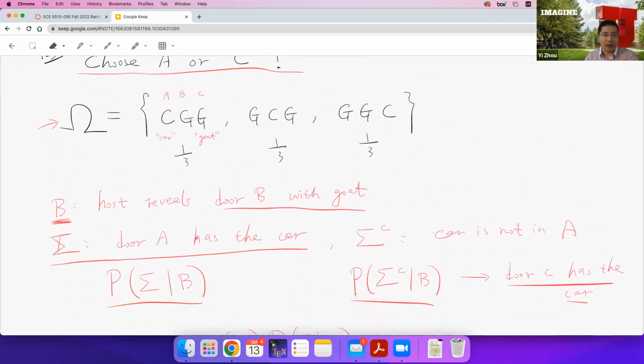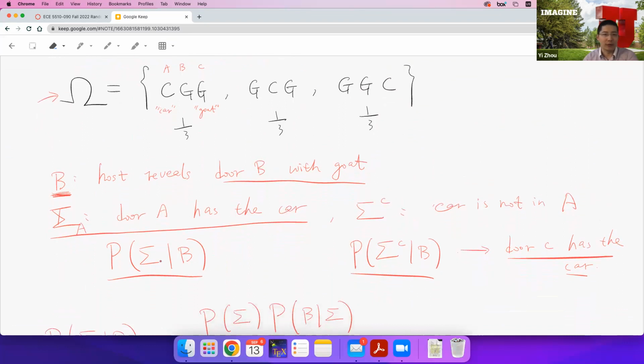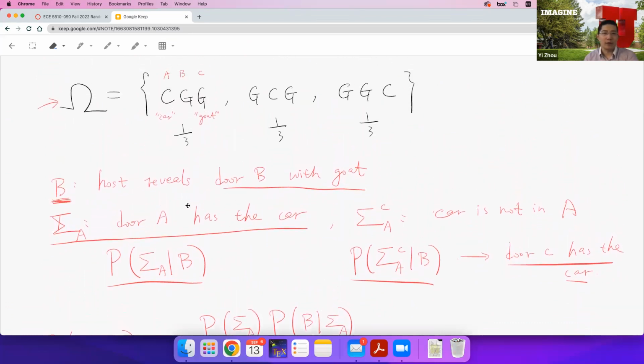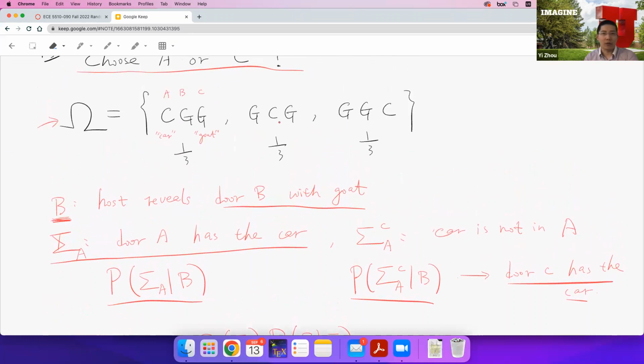And let's actually call this sigma A. Okay, so to make it more clear, sigma A. And then I will call this event sigma B, and sigma C.